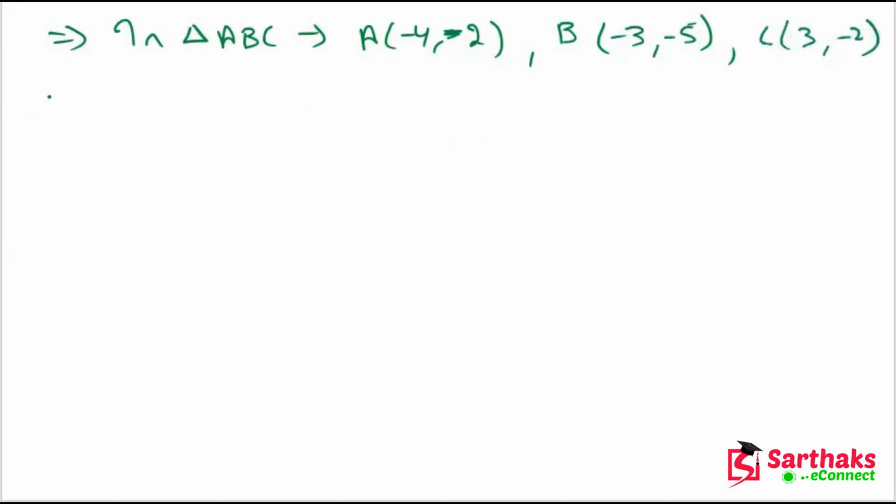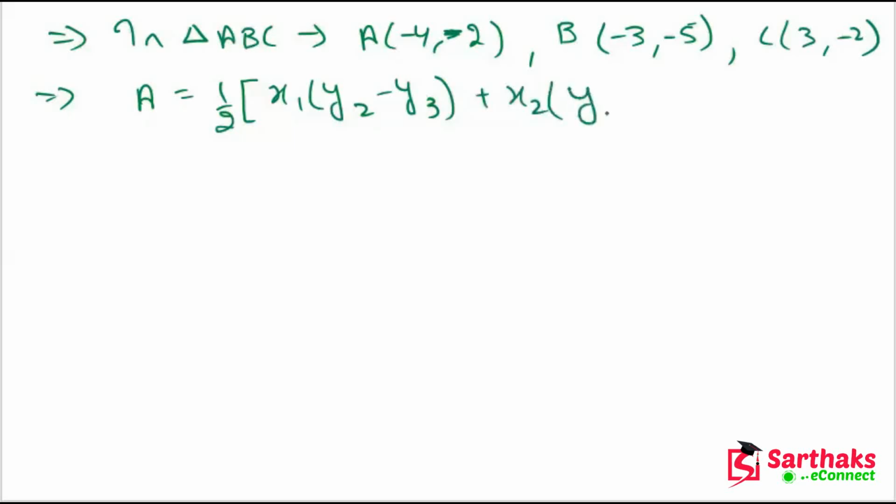And we know the area of a triangle is 1/2 [x1(y2 - y3) + x2(y3 - y1) + x3(y1 - y2)].